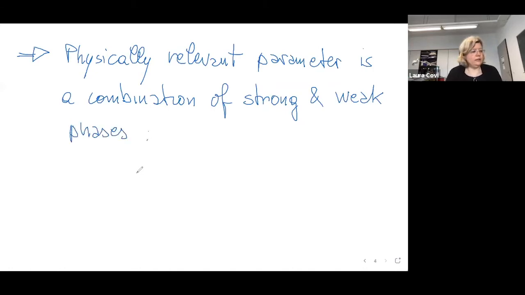This is usually called theta bar. And theta bar is nothing else than theta plus the part of the phase which comes from the mass matrix of the quarks. So it's the argument of the determinant of the mass matrix for the quarks.